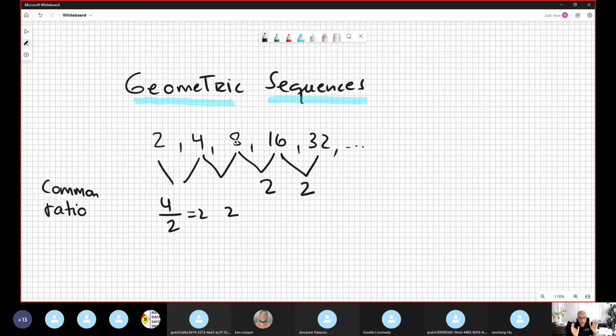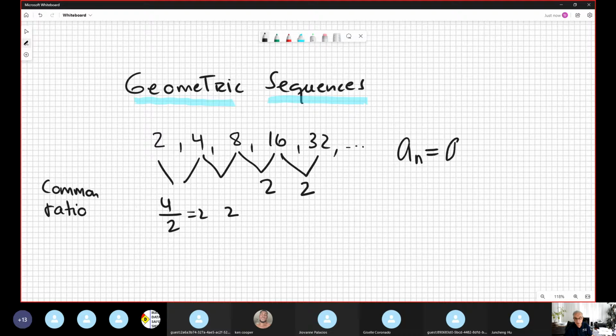In this example it is 2, but not necessarily 2 in every example. In general it can be 2 or 3 or a fraction, even a negative number, if it is decreasing. So what is the explicit formula for finding any element in a geometric sequence?